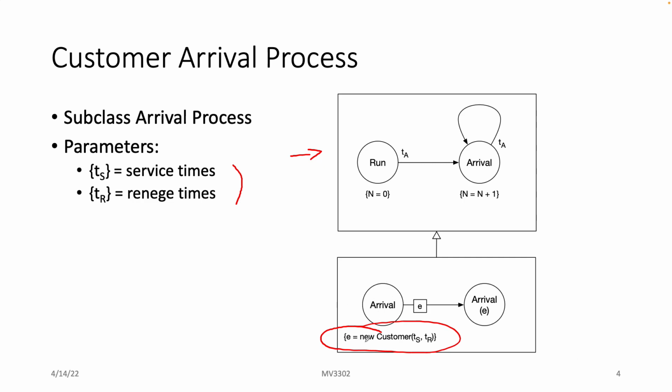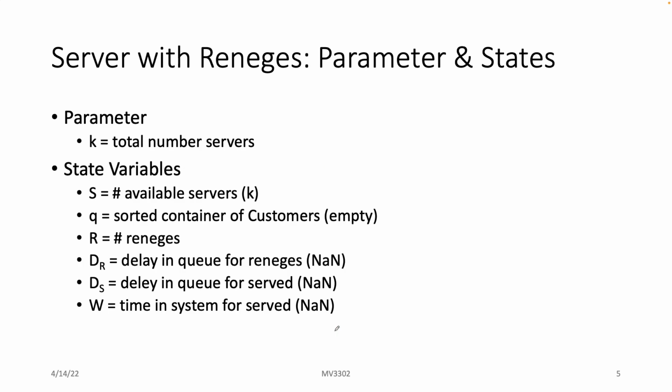So the arrival event will instantiate a new customer, passing it the service time and the renege time. So each customer will come in carrying around its service time and its renege time. So now our server component is left with just one single parameter, just the total number of servers, because all the other ones we've shoved into the arrival process. In addition to the inter-arrival times, it has the service time sequence and the renege time sequence.